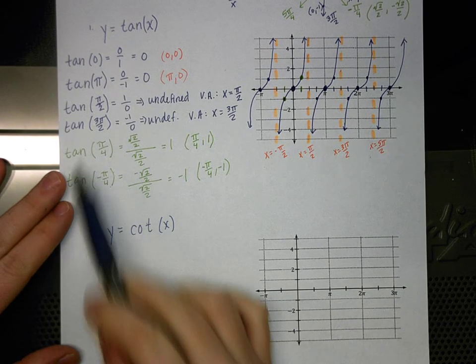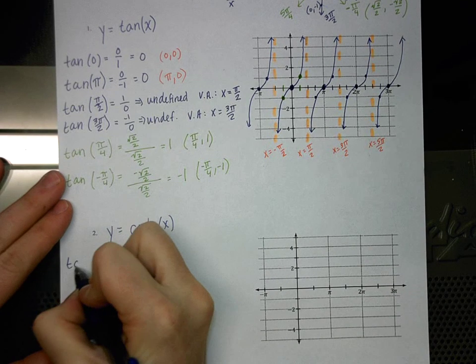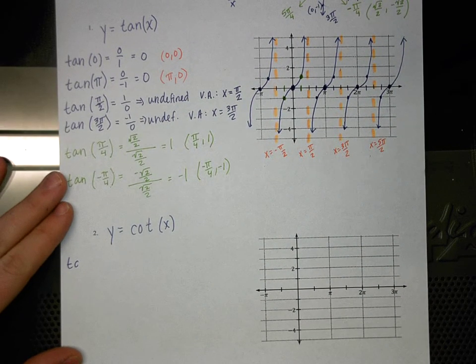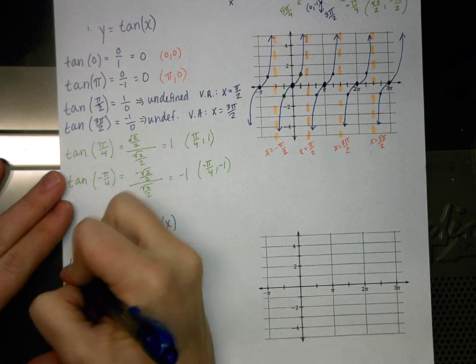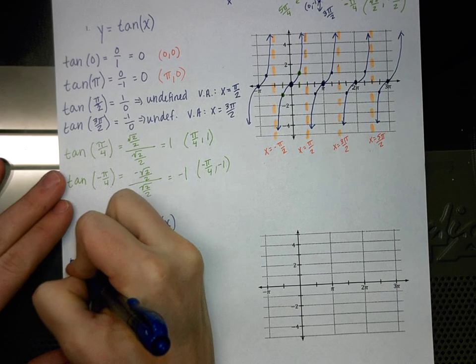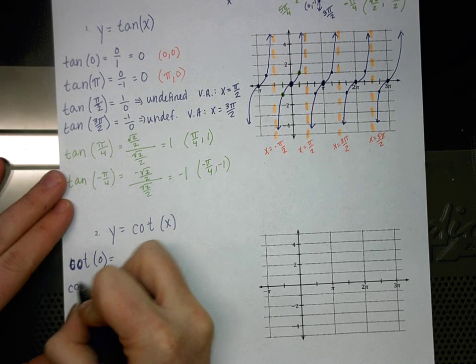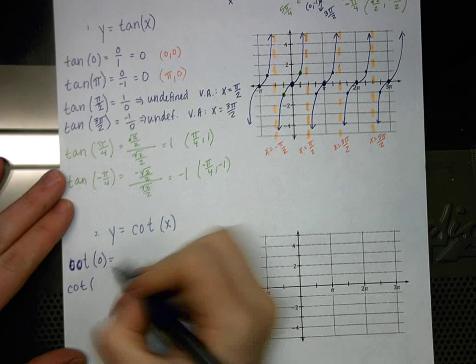I'm still going to use those quarter turns, so let me go ahead and write all of these in order. First of all, I need to write the correct term down, right? Cotangent, C-O-T, of 0, cotangent of pi over 4.